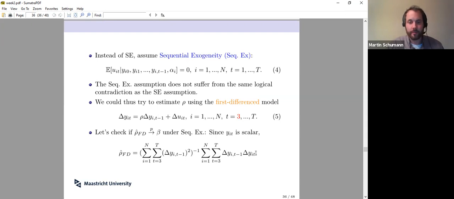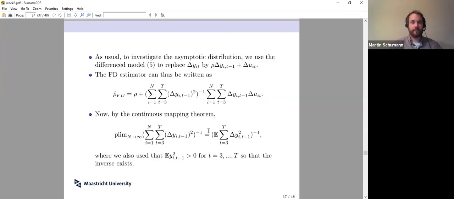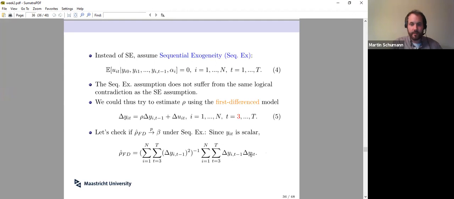Now, the interesting part is, of course, what happens on the right-hand side. There, we just employ the usual idea. So we have here the delta y_it, and the delta y_it can be simply again replaced with the right-hand side of the model. What we then see is that the first part is again y_it-1 squared, so the rho comes out.